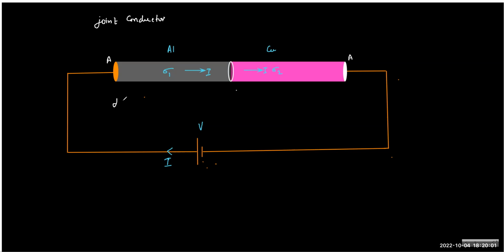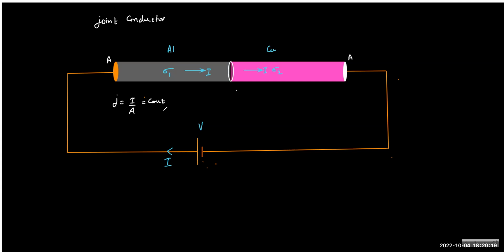By definition, J is defined as I by A. Because I is constant and A is constant, can we say that J must be constant? Yes. So even the current density is going to be constant throughout.